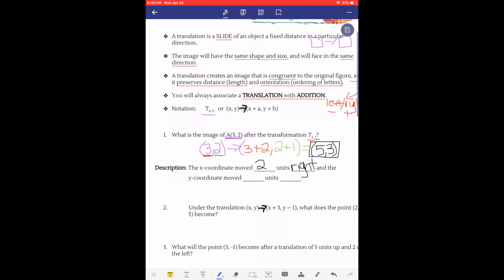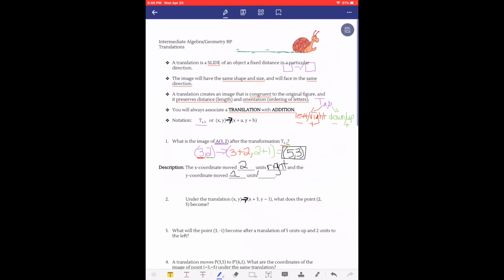And the y coordinate moved, well, the y was 1. That means that we're moving 1 unit, and it was positive, so positive means we're moving up. So this over here is key. It's going to tell you where we're moving, either left and right, and down or up, and how much.